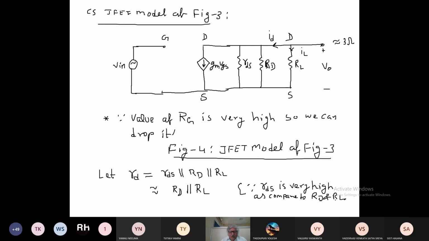So now we will replace this parallel combination of RDS, RD and RL by a resistor RD, whose value is approximately equal to RD parallel to RL.